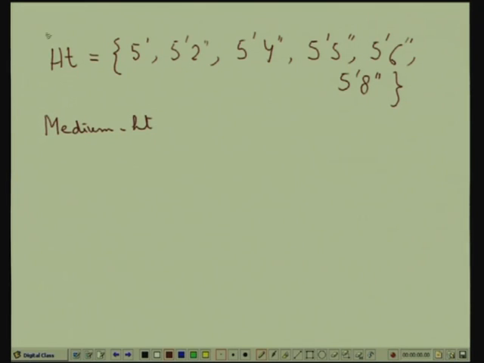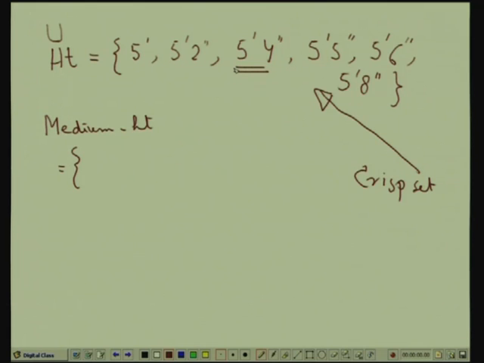Now, this is my universal set U, and you see this is a crisp set, a conventional crisp set. For example, 6 feet is not in this set. Now, medium height, what would you say? What would that set be?